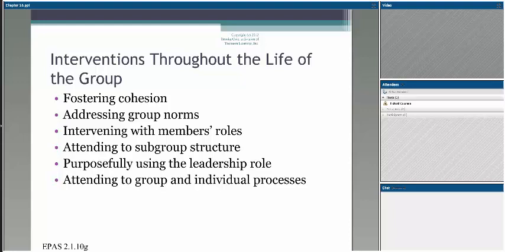If you've got a group that's running on a 12-week series, then these aspects around fostering cohesion, looking at the norms, attending to subgroups, and paying attention to the leadership style are all things that will continue to ebb and flow over the course of that group. And you as the leader will need to be able to recognize when you need to intervene in any of these areas. So it's important to understand and know about them.